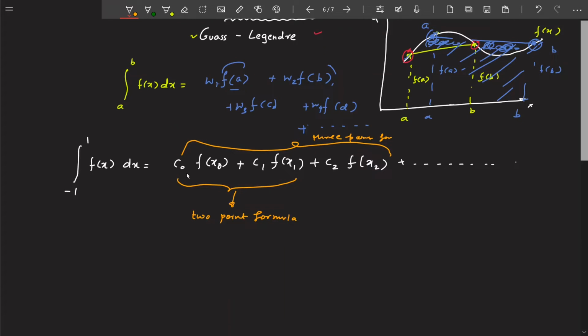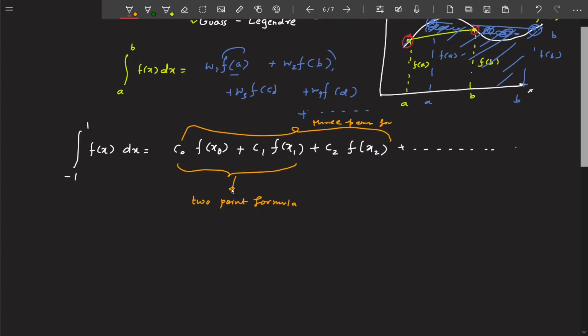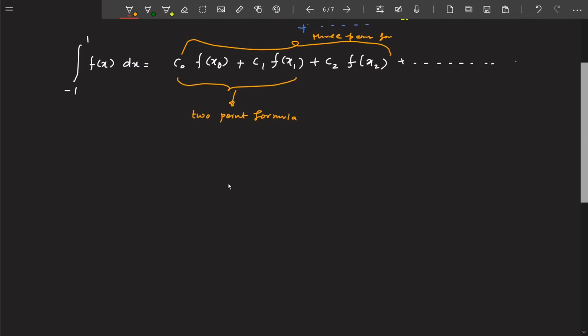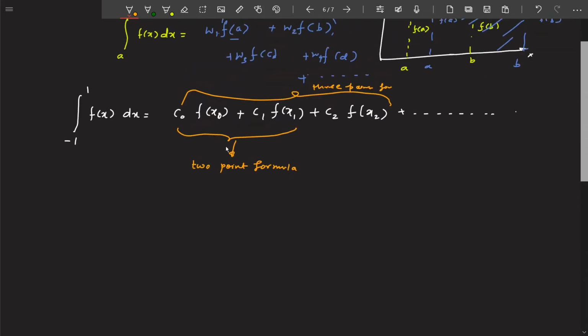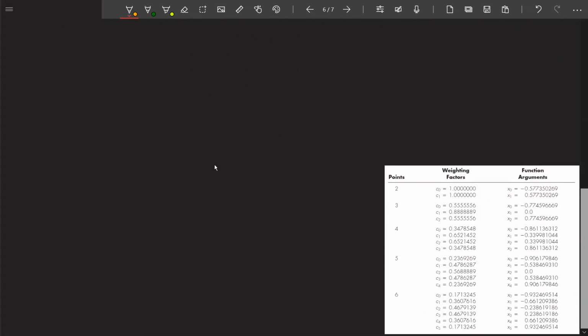These are my weighing functions, weight factors, and these are my actual function arguments. When you take 2 points, these will be the values. These are the ready-made values that you have to take. When it is 3 point, this is the weighing function you are going to take, and this is going to be your function arguments. When it is 4 point, this is what it is going to be, and then it is going to be 5, 6, and so on.